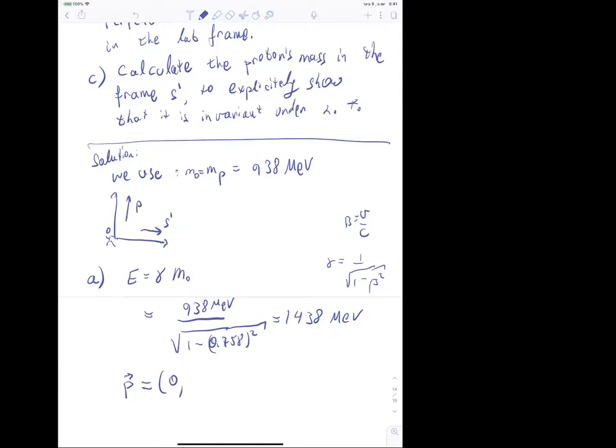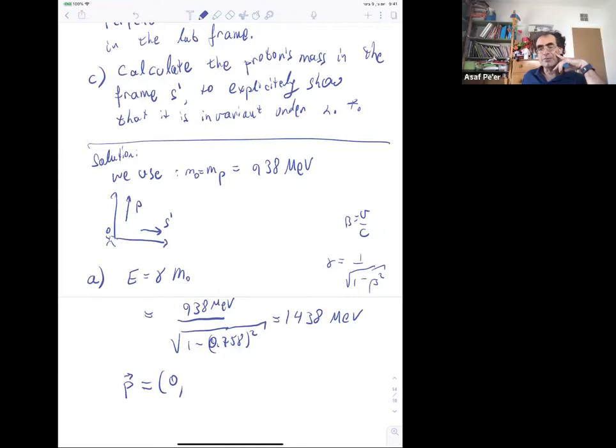Gamma m v, and in the natural units that I'm using right now, it's gamma m beta, the normalized velocity, because I'm already using mass in units of energy.